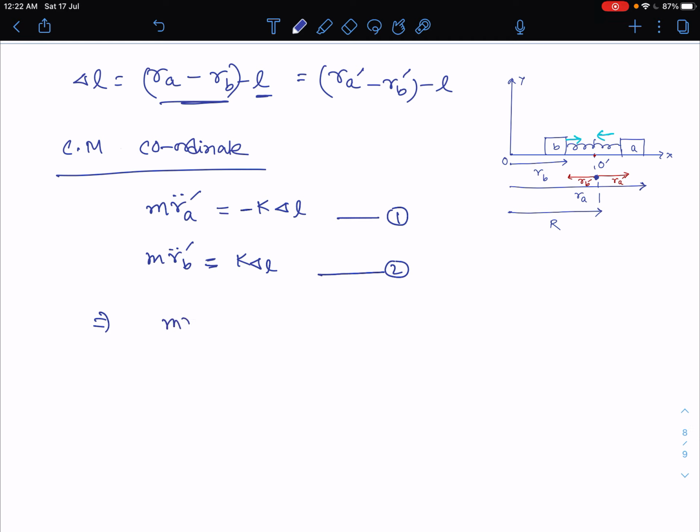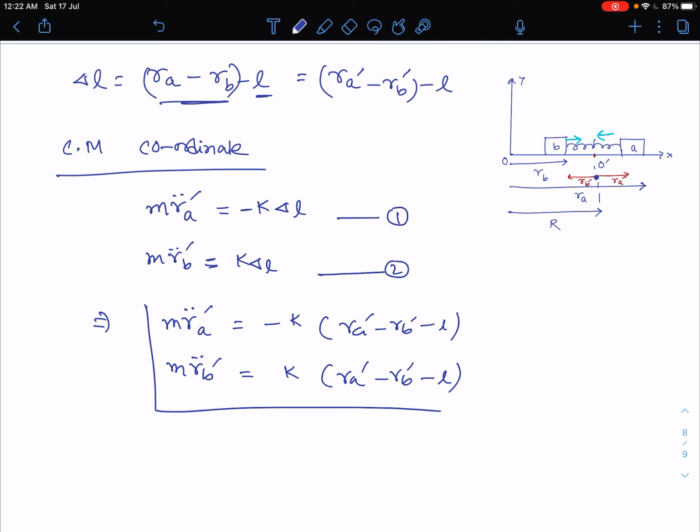Coupled, like m Ra double dot is minus k (Ra prime minus Rb prime minus L), and m Rb double dot equals k (Ra prime minus Rb prime minus L).